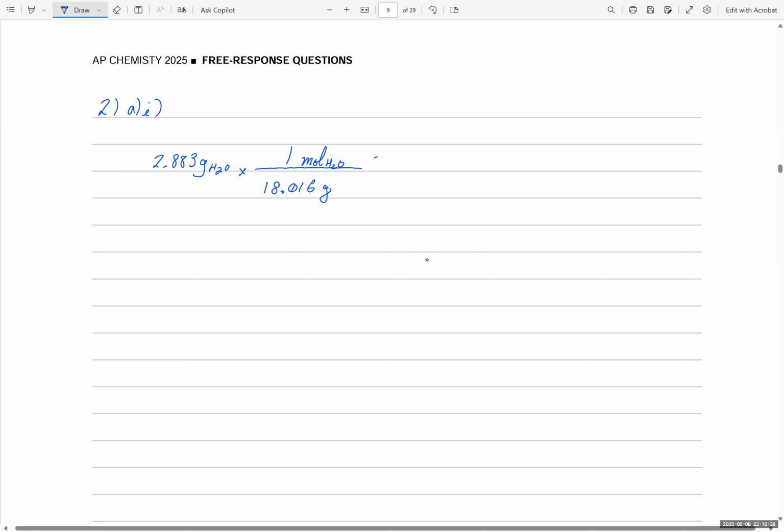That gives us 0.1600 moles for sig figs. So the answer that I'm going to put down is 0.1600 moles of H2O produced.